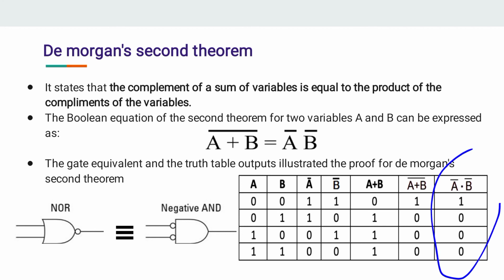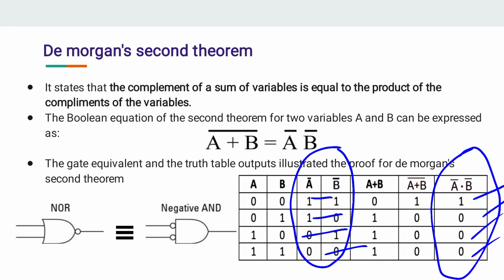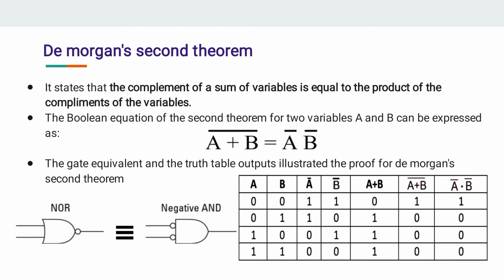So now take this, according to this one, the AND operation. 1 1 is 1, 1 0 is 0, 0 1 is 0, 0 0 is 0, nothing but an AND operation. So this is the AND operation that was already studied at the starting of this video, that is AND and OR operation. So this will prove that whatever we are going to get in the last two columns is equal.